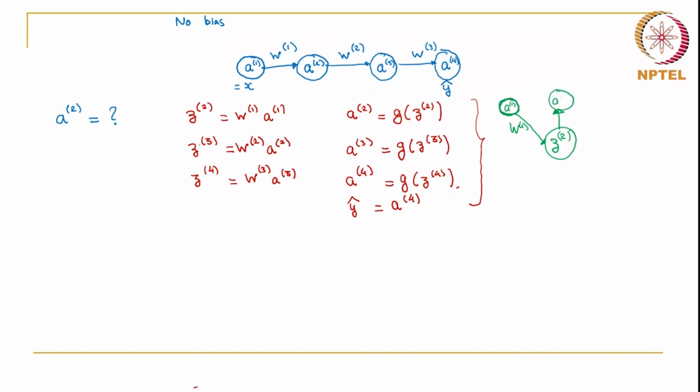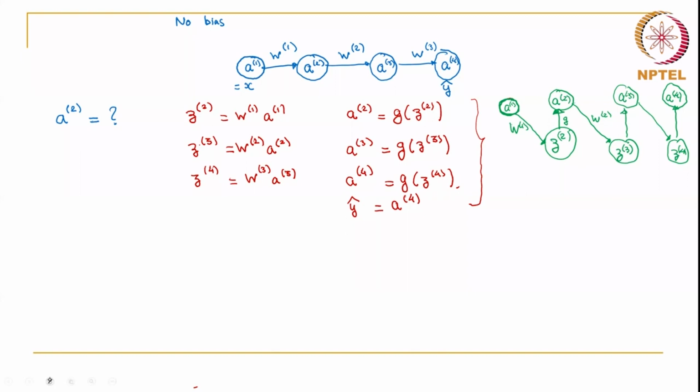And this goes to A2 through G. Z3 through W2. A3. Z4. All right.